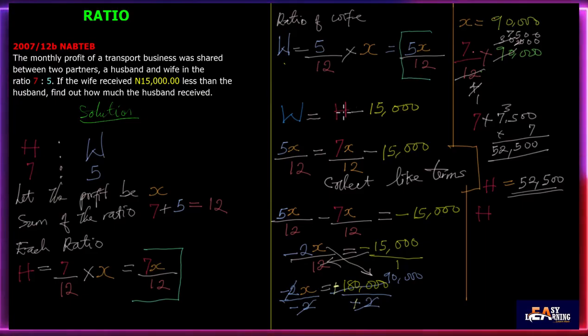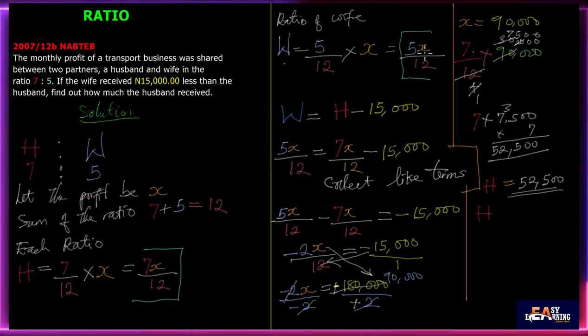So assuming this is the husband's money, and the wife received 15,000 less than that, it will be subtraction. The wife's money W will be equal to H minus 15,000. Now we introduced each of their shares here. Where we have W, we introduce 5x over 12.